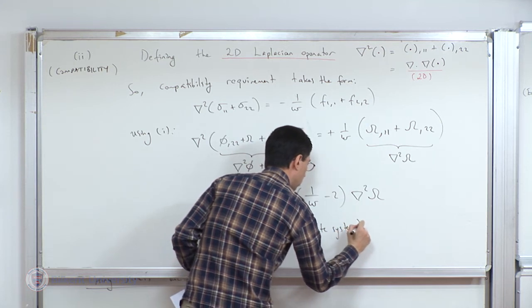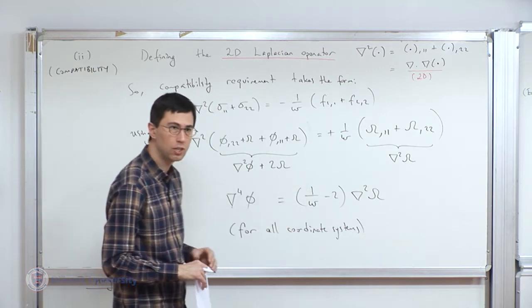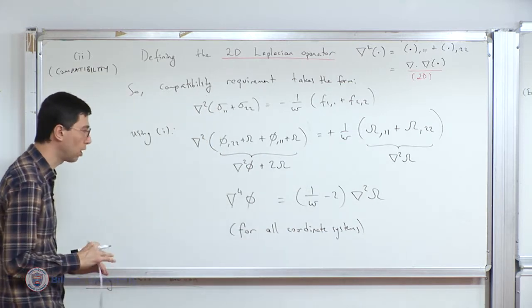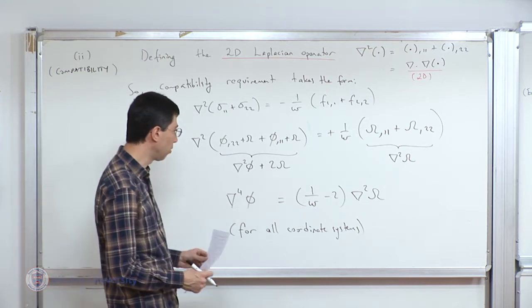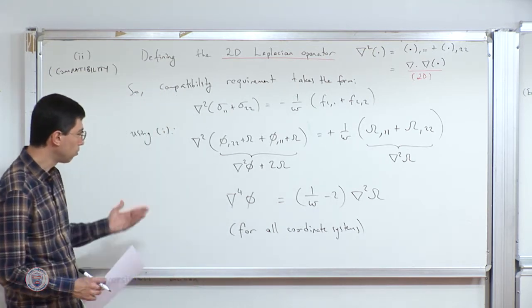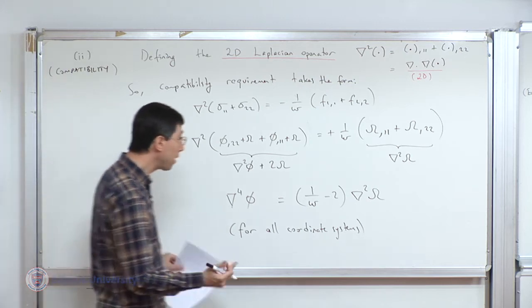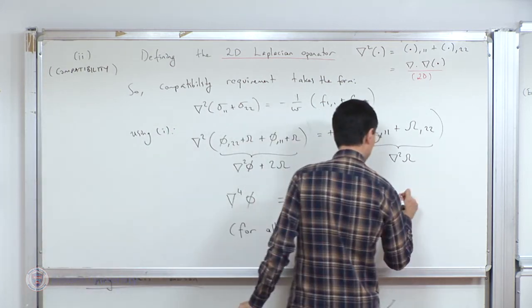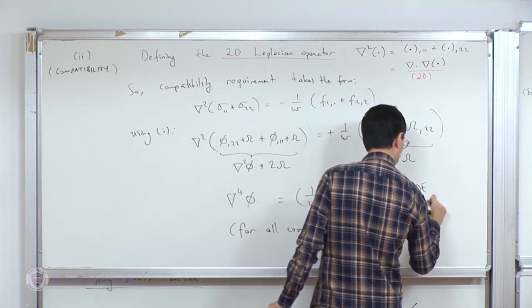And if we want to find out what the Laplacian is in, let's say, a cylindrical coordinate system, I just need to look up in some reference book, and as long as I understand how to make use of this, its use is going to be straightforward. Okay, so that's true for all coordinate systems, and that's a PDE for phi.